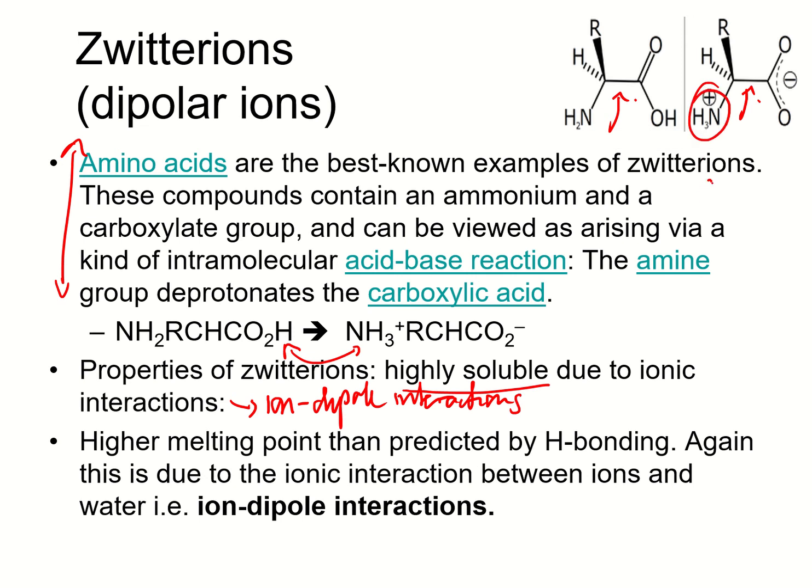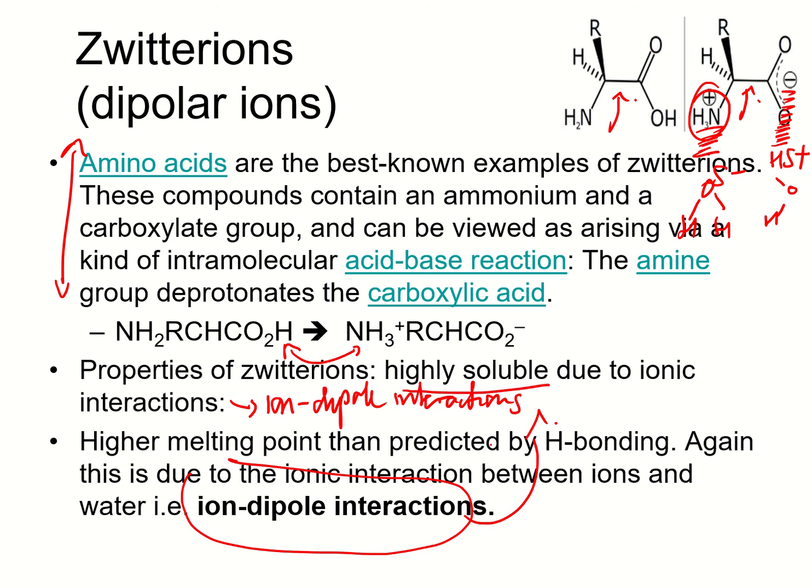Water has a permanent dipole of delta negative around the oxygen, so you get ion dipole interactions there. Likewise, water has delta positive hydrogens, and we get again ion dipole interactions down there. I think I've actually written the ion dipole interactions down here by mistake. It should be up there.